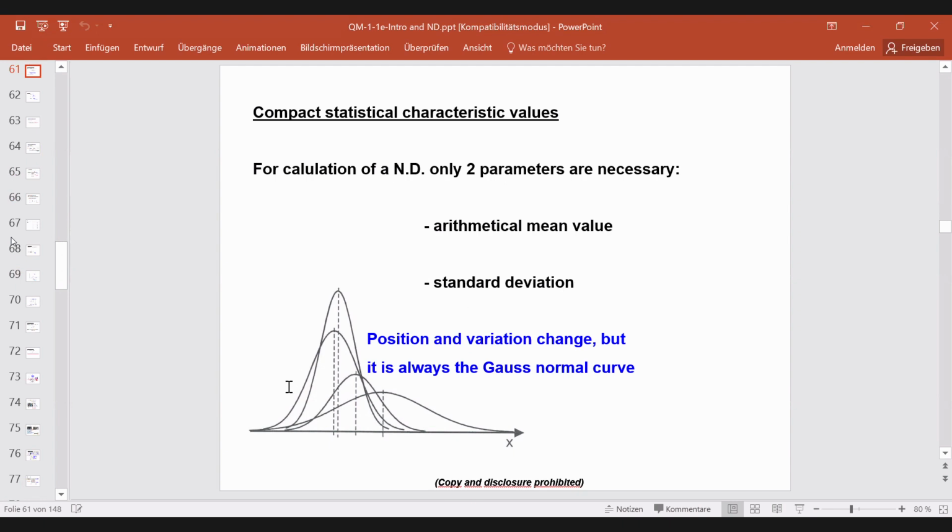These two values are defining the distribution, and here the Gauss curve. This means it is a bell curve, and Gauss was the inventor of this, so it is called Gauss curve.